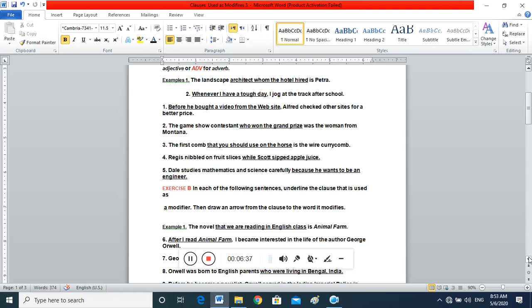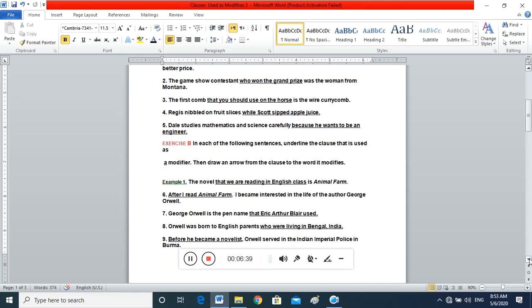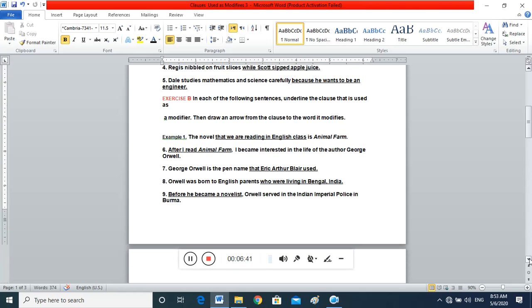Exercise B. In each of the following sentences, underline the clause that is used as a modifier. Then, draw an arrow from the clause to the word it modifies. Yes. The example.